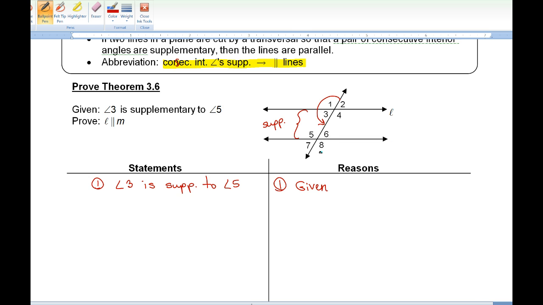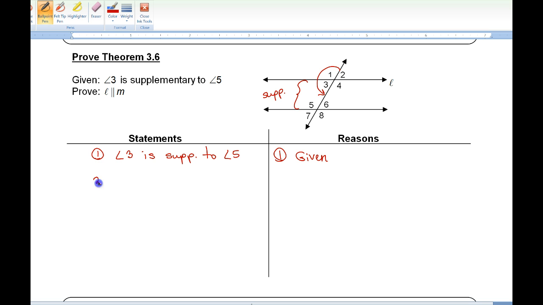Notice that they form a linear pair. So I know angle 1 and angle 3 are supplementary. Again, we need a reason. What kind of angle pair did I say they were? I said they were a linear pair. What does this imply? That means they are supplementary angles.